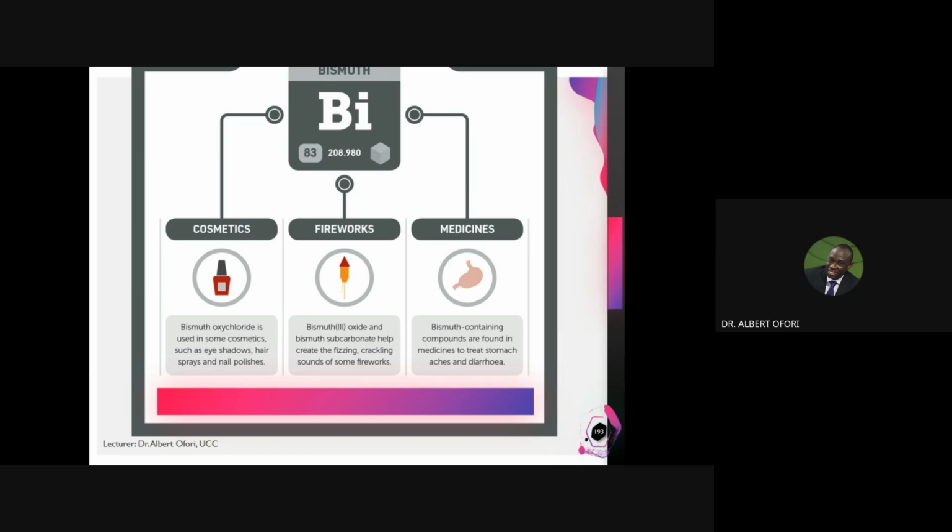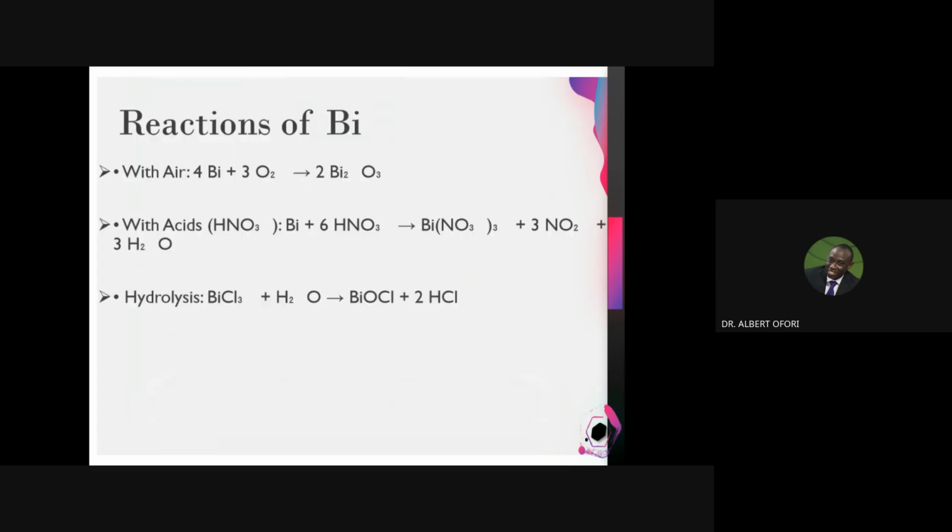Of course, the oxide form is bismuth oxide. So we can have bismuth engaging oxygen. Then there is the sulfide form.